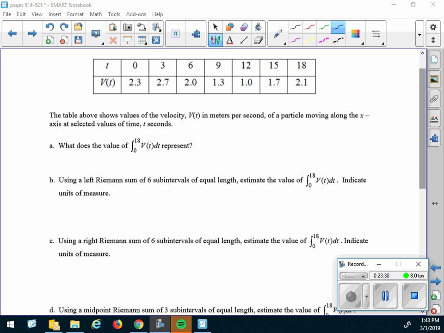The table above shows values of the velocity in meters per second of a particle moving along the x-axis at selected values of time t seconds. What does the value of the integral from 0 to 18 of v of t dt represent?